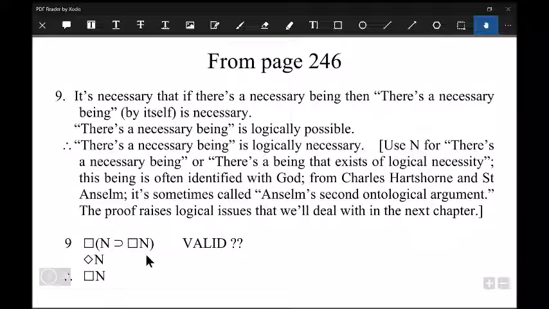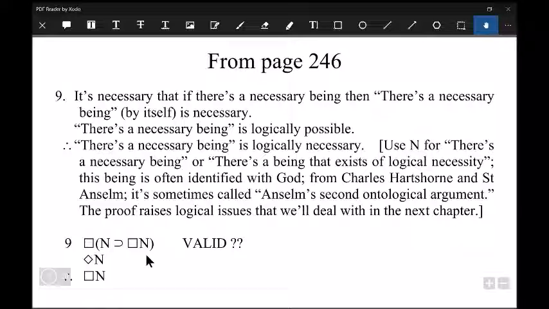And so this one is valid with a question mark. There's some sort of dispute on whether it's valid, which is kind of unusual in logic. Usually, whether an argument is valid or invalid is pretty clear, but there might be arguments about the truth of the premises. Okay, this is an argument for the existence of God as a necessary being.